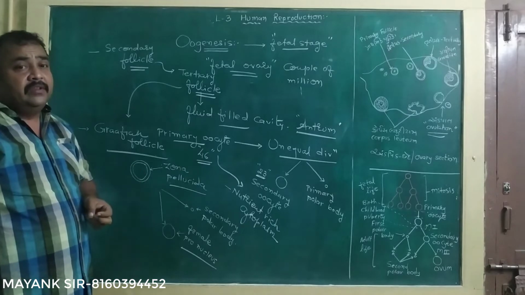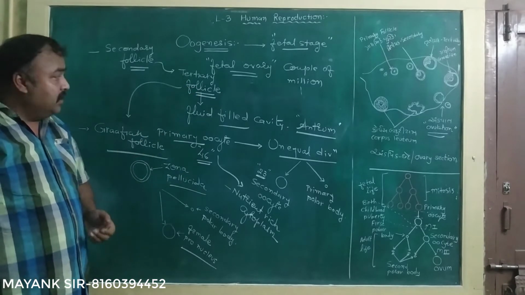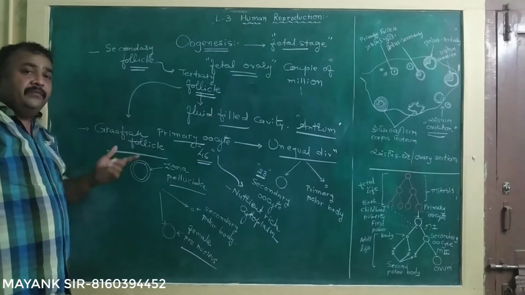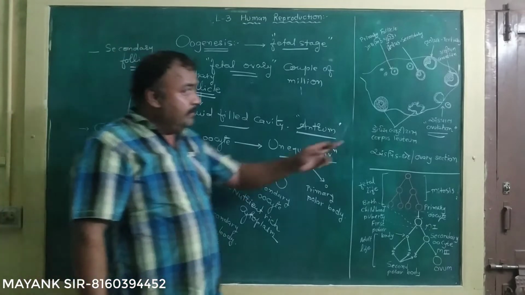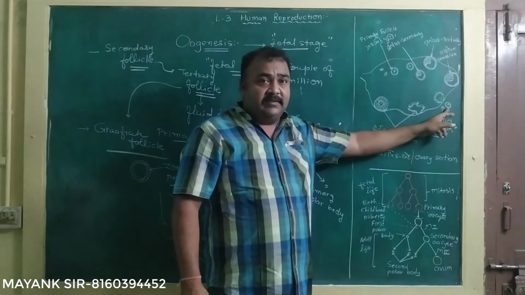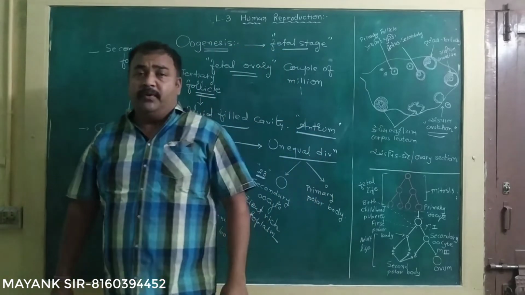And now the tertiary follicle matures and is converted into the Graafian follicle. The Graafian follicle ruptures and releases the secondary oocyte. This is known as the process of ovulation.